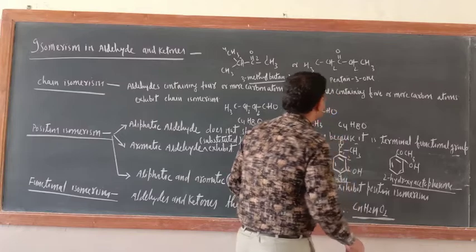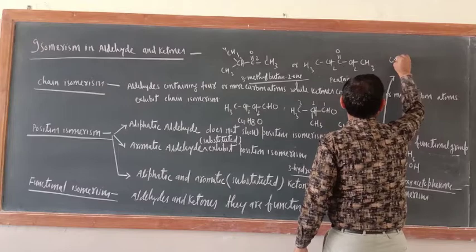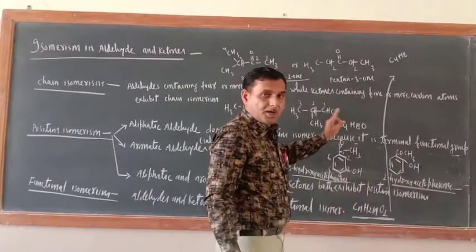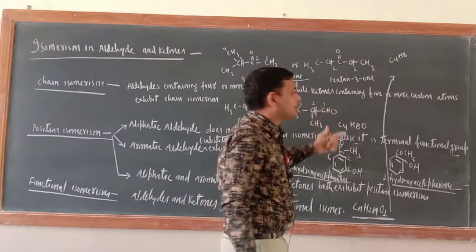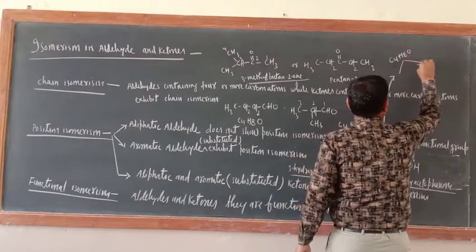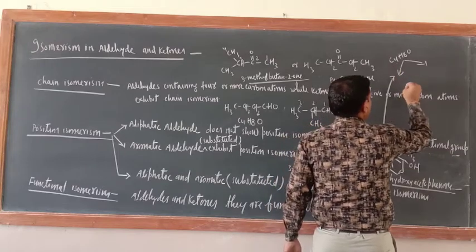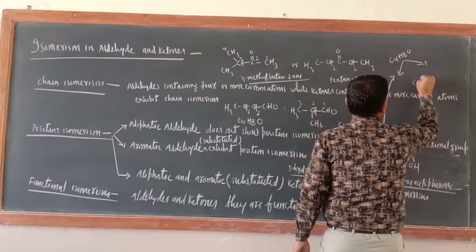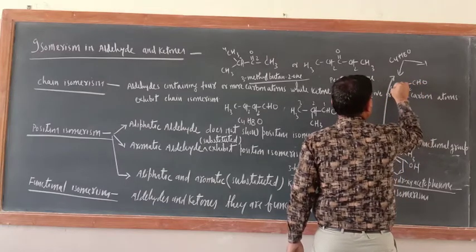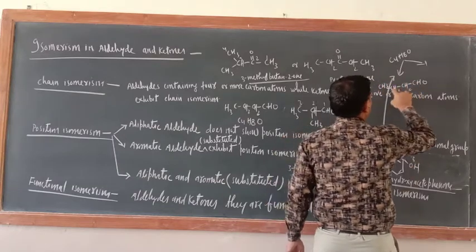Suppose this is the molecular formula, C4H8O. Remember, 4 carbon atoms or more than 4 carbon atoms should be there. Now with the help of this molecular formula, we can make 2 compounds, an aldehyde and a ketone. Just see, 4 carbon atoms are there: first write CHO, then CH2, CH2, and here CH3, 1, 2, 3, 4.